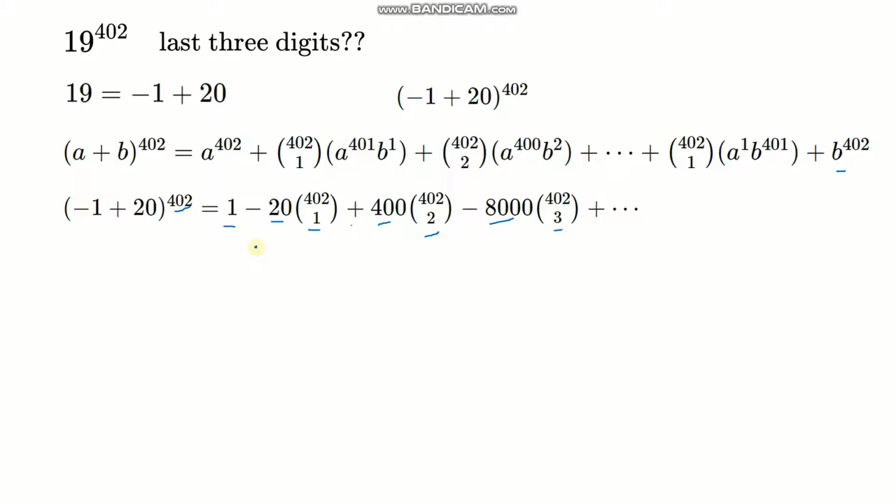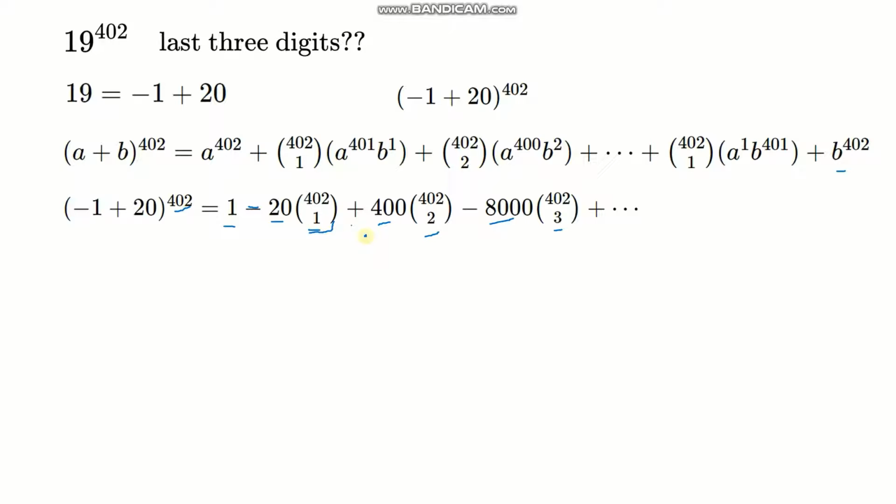So a to the 402, being even, becomes 1, and a to the 401 is the same as minus, then b to the 1 is the same as 20 raised to the power of 1, so we have 20, and we still copy the combination part 402 taken 1.